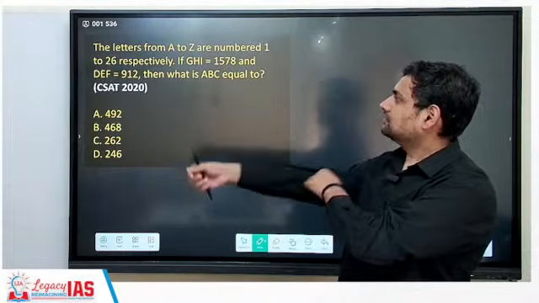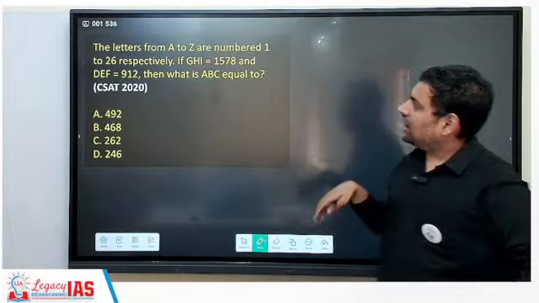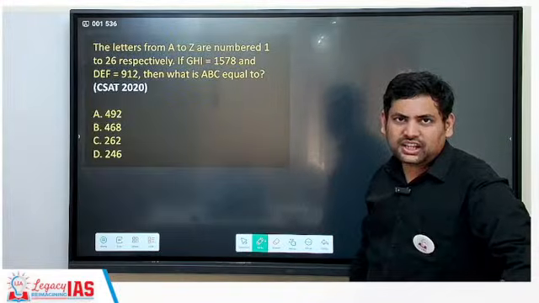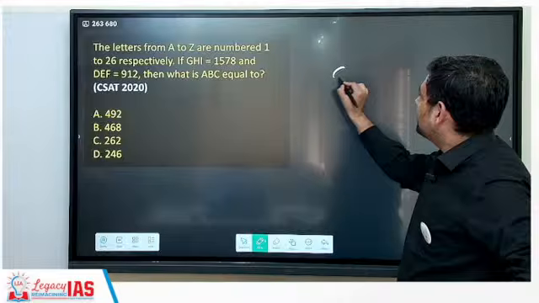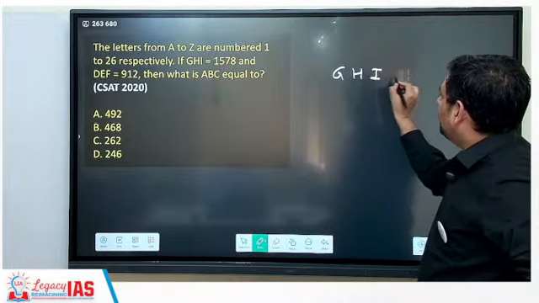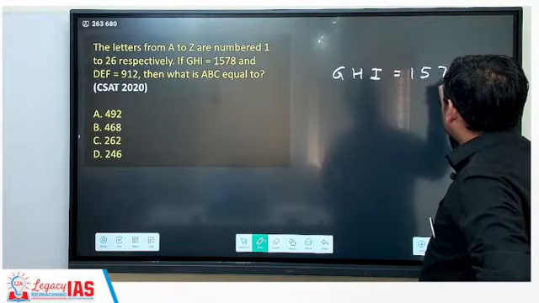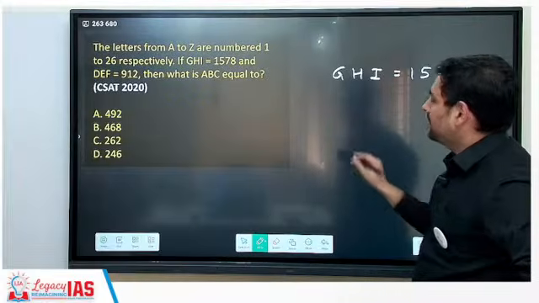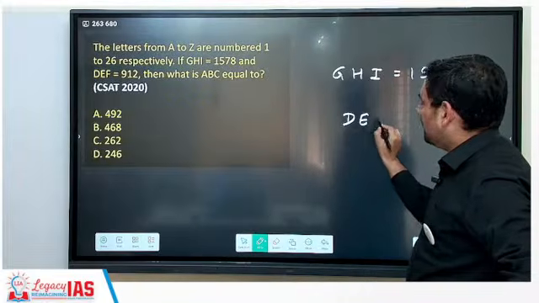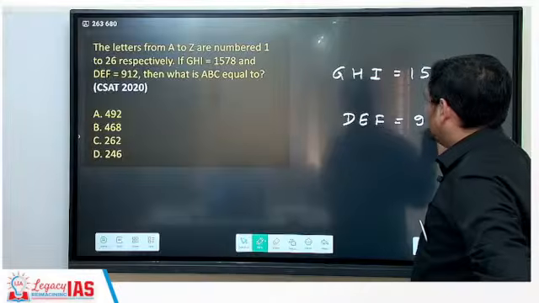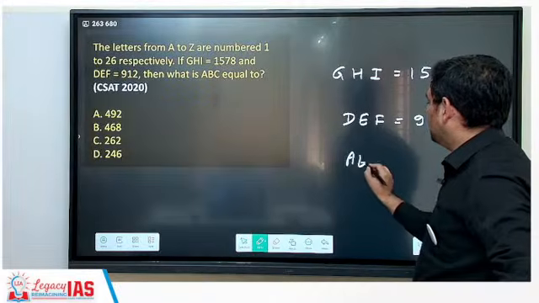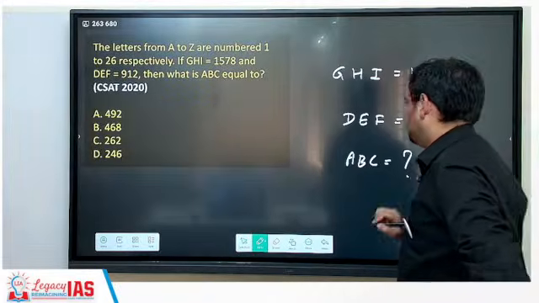If GHI is equal to 1578, then DEF is equal to 912, and it is asking what ABC will be equal to.